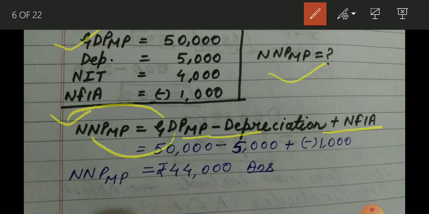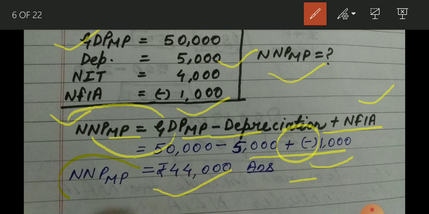Here is MP, here is MP, so there will be no requirement for any change. Now the value of depreciation is 5,000. NFIA is given as minus 100. So this plus minus becomes minus. In this way we will subtract 6,000 and we will get 44,000 as NNP MP.